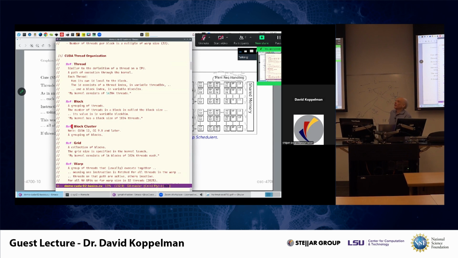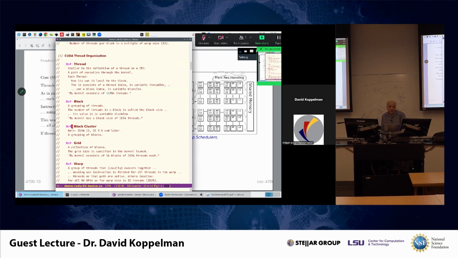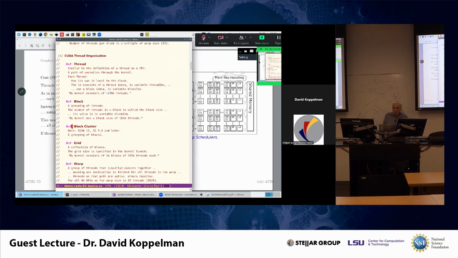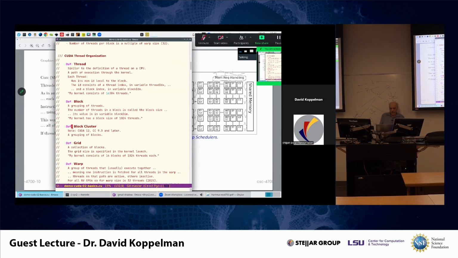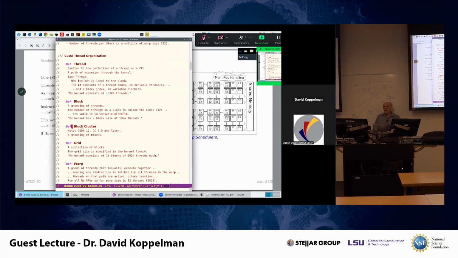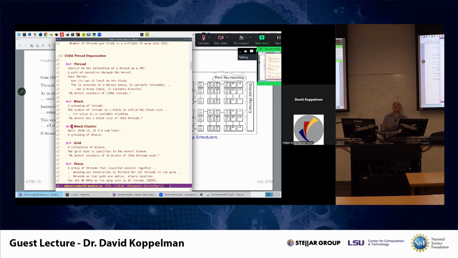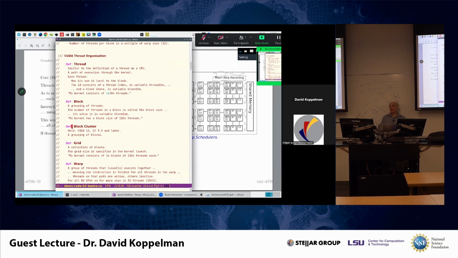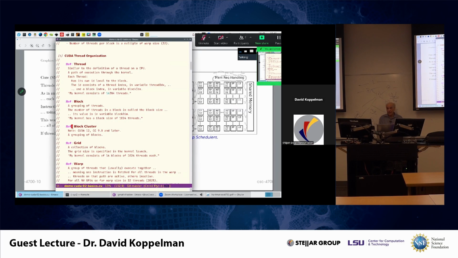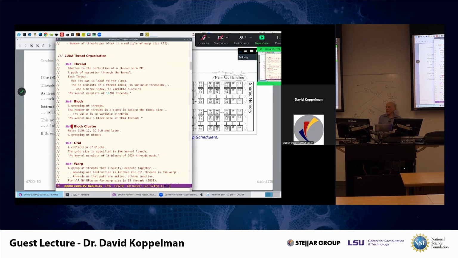Now, there's also something called block clusters. I kind of hinted at that earlier. If 2 blocks are in the same cluster, then they will be assigned to the same SM, and they will be active at the same time. If 2 blocks are not in the same cluster, they may or may not be assigned to the same SM.